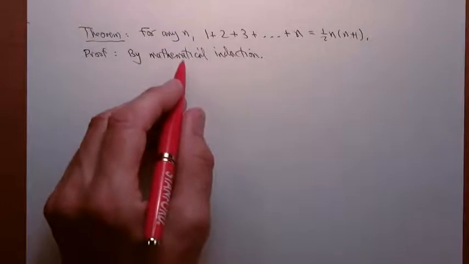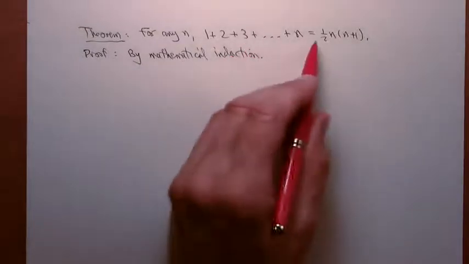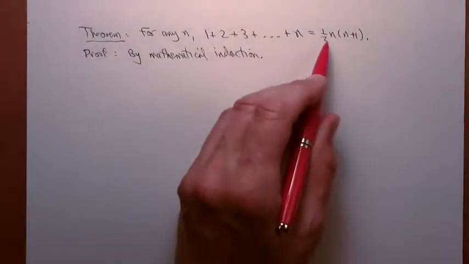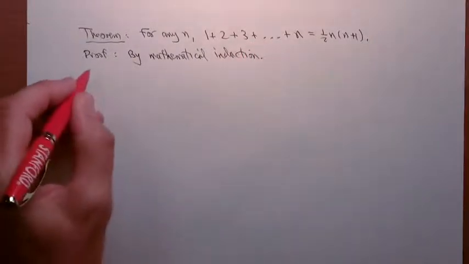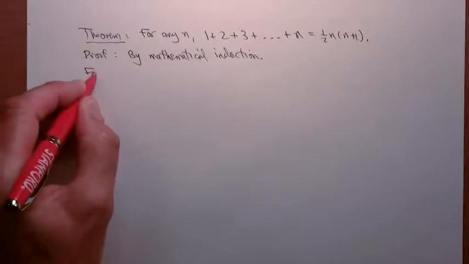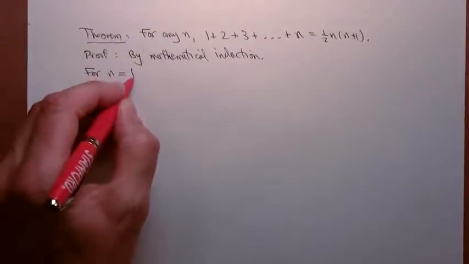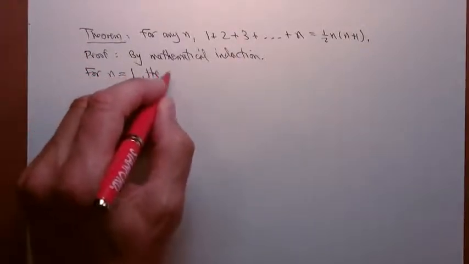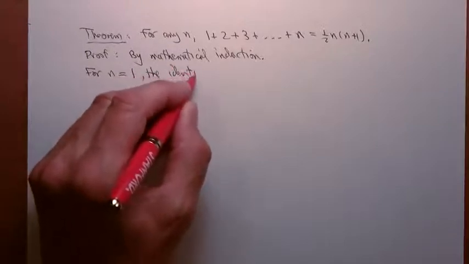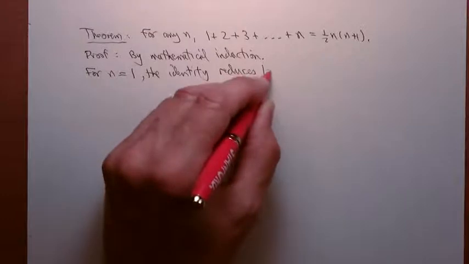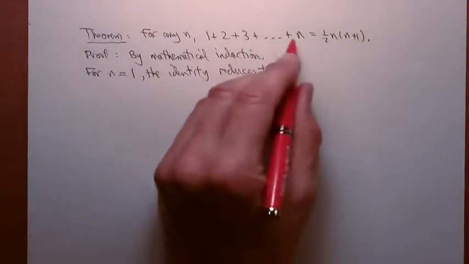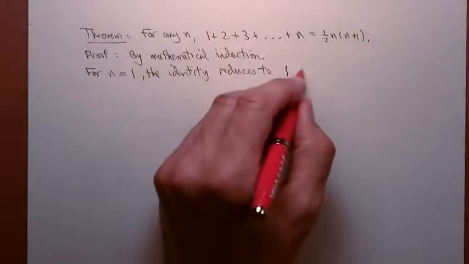Well, I have to do two things. I have to show that this is true when n equals 1, and then I have to show that if it's true at n, it follows at n plus 1. So the first step is to say that for n equals 1, the identity reduces to, well, n equals 1 on the left-hand side, I've just got 1.